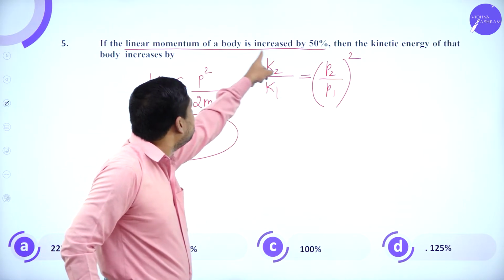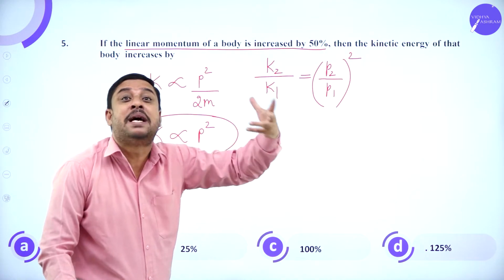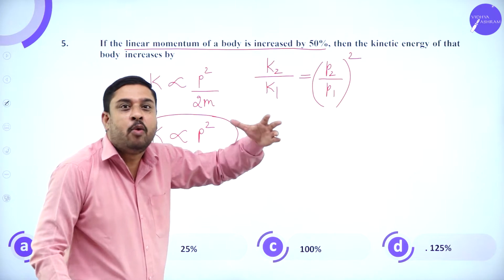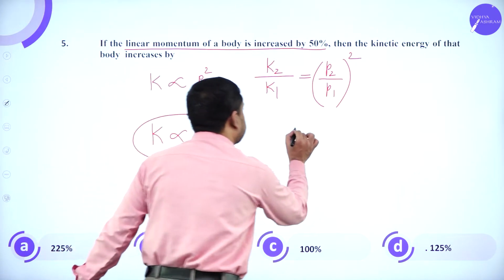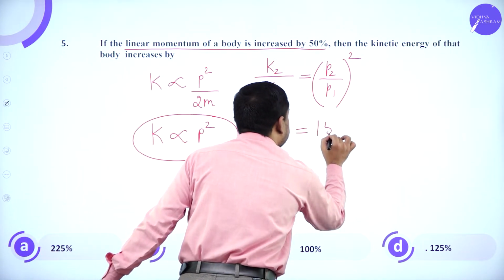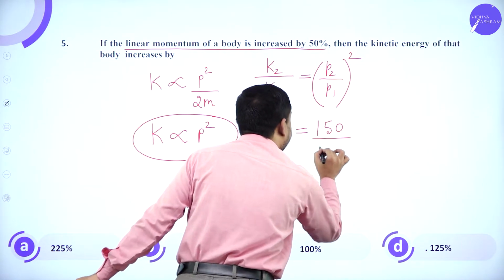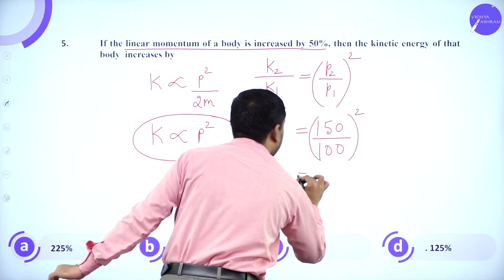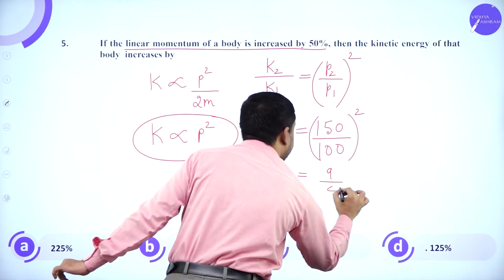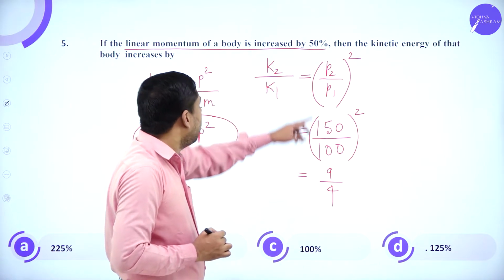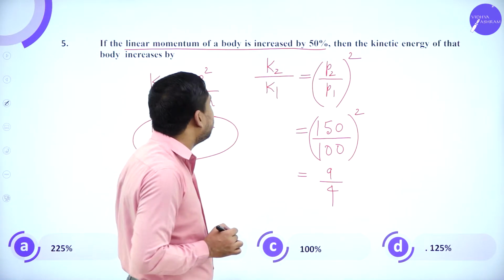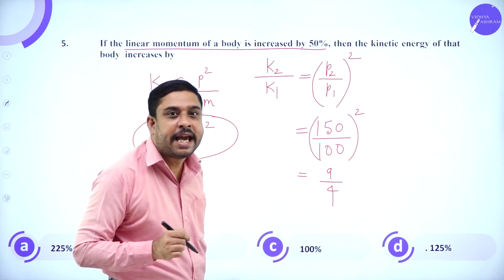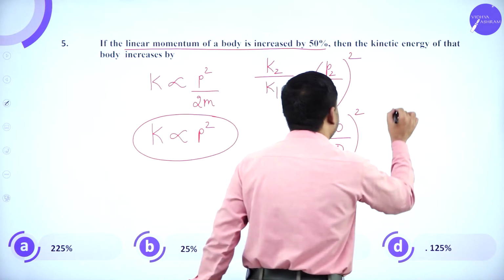Momentum is increased by 50%. If the initial momentum is 100, now it is increased by 50%, which means this is 150. Initial momentum is 100. So, this is 9 by 4. I want the increase in kinetic energy, not simply kinetic energy, the change in kinetic energy.